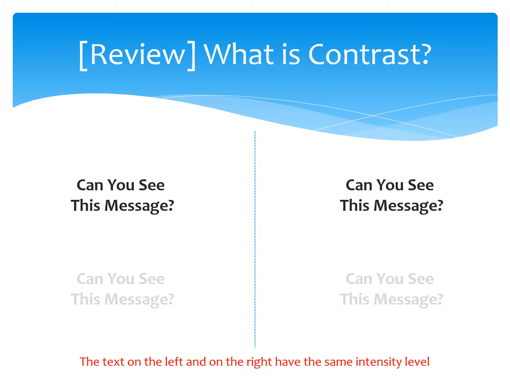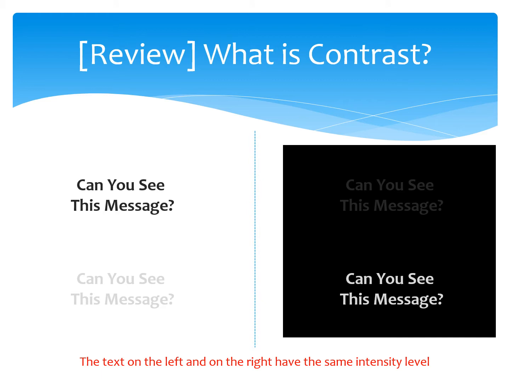If we change the background on the right from white to black, you can observe that the message on the right at the bottom is much easier to read when comparing to the message on the top, because it has a better contrast than the message on the top.